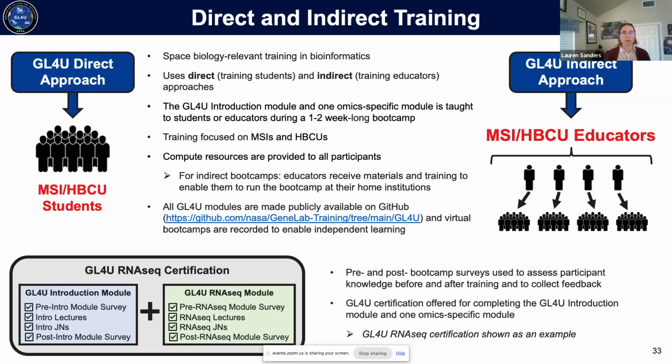Our training is focused on minority serving institutions, MSIs, or historically black colleges and universities, HBCUs. We do provide compute resources to all the participants, and we make all of our materials publicly available on GitHub. And when we teach virtually, those boot camps are recorded and also uploaded and available on GitHub to enable independent learning.